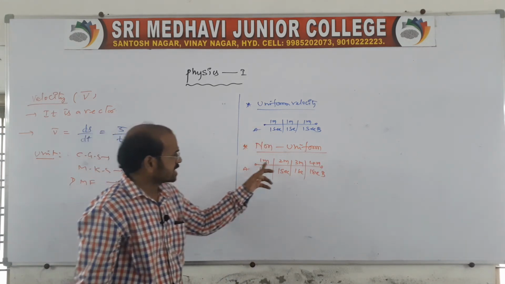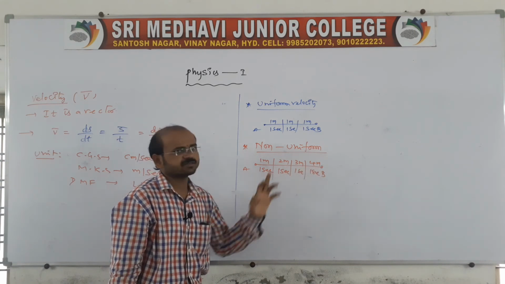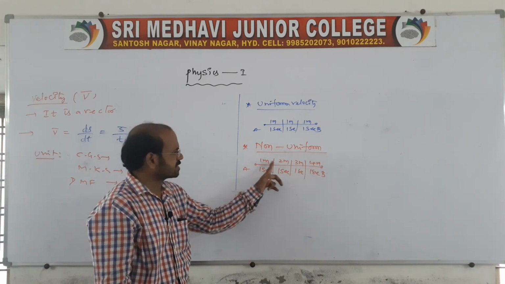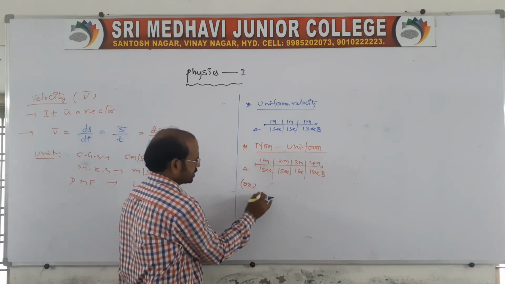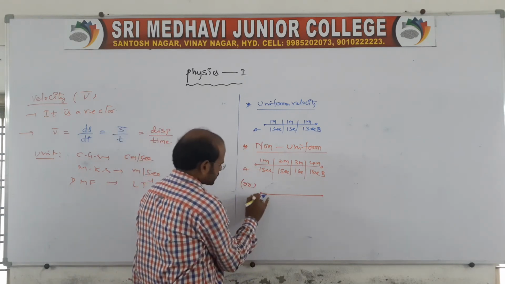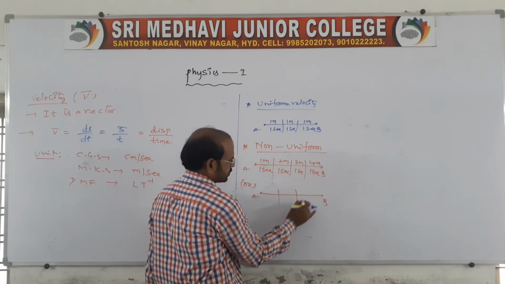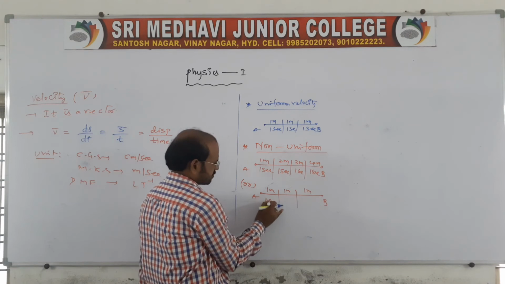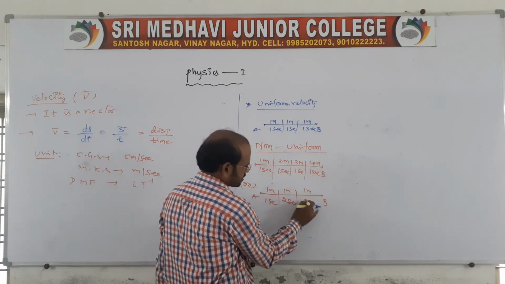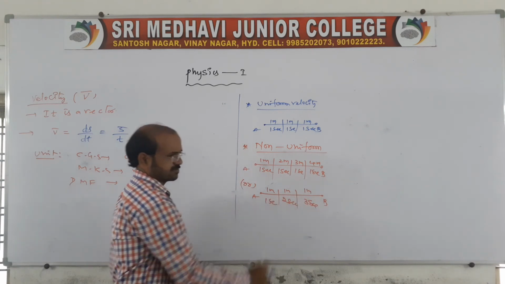That is, unequal displacements in equal intervals of time. We can also take it like this again. Suppose between two positions you take 1 meter, 1 meter, 1 meter, and it takes 1 second, 2 seconds, maybe 3 seconds. See, unequal time intervals.